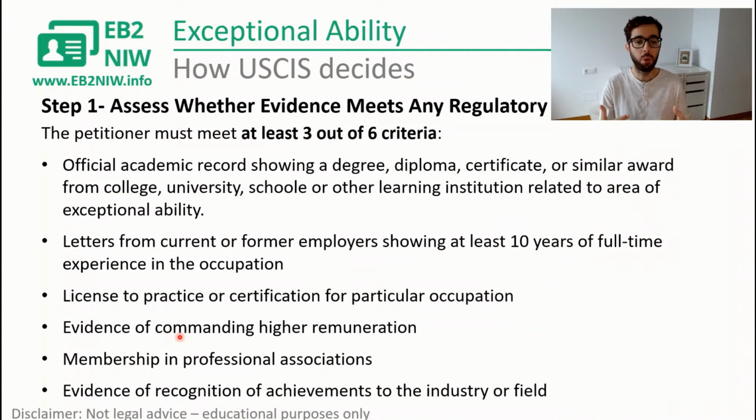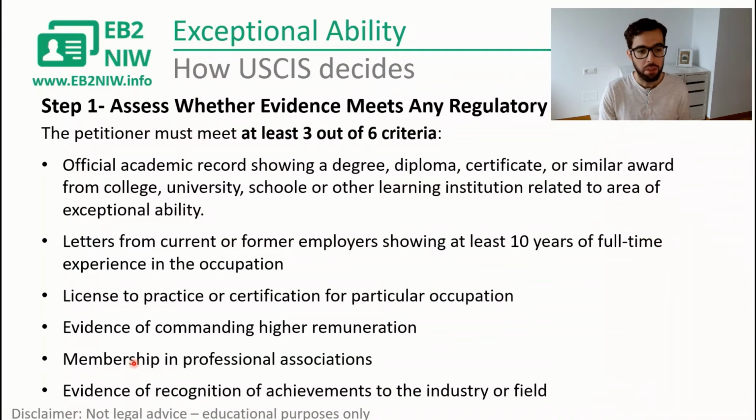So if you can prove that you're getting paid more than the average in your field, you can gather that evidence with your pay stubs, paychecks, and some source showing the average pay for your occupation, then you can show that in your application as well. And by the way, these things, you can also add them to your second prong of the Matter of Dhanasar, the prong where you have to prove you're well positioned. All these points you can reuse for that prong.